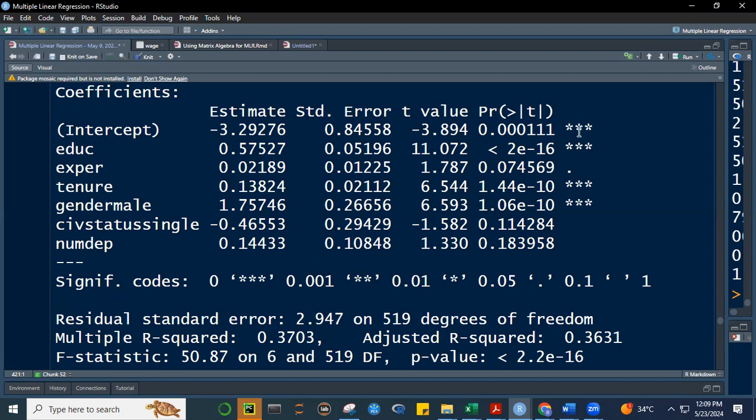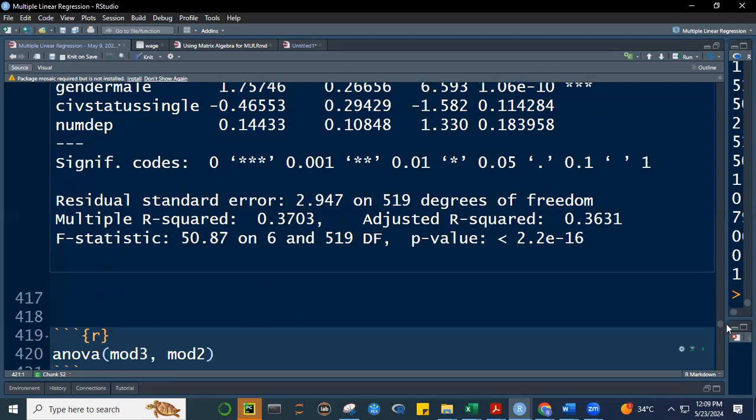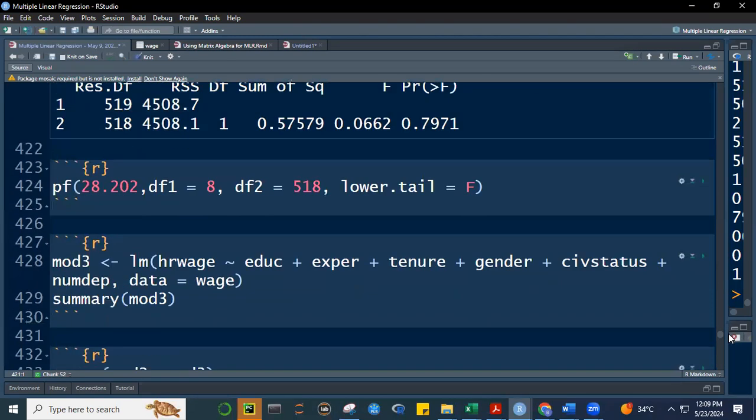Even if the intercept is not significant, you will not choose intercept as the leaving variable. So the answer is number of dependents. This will be our leaving variable, so number of dependents will now be removed.